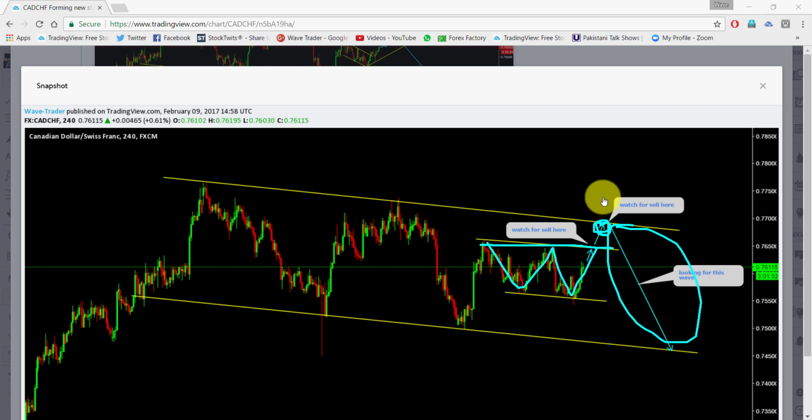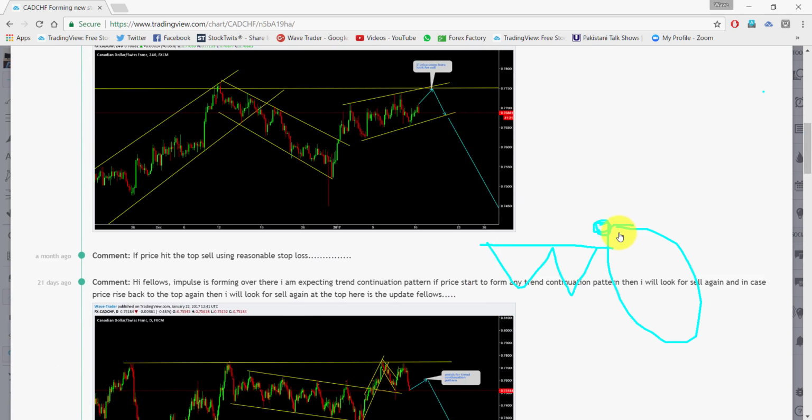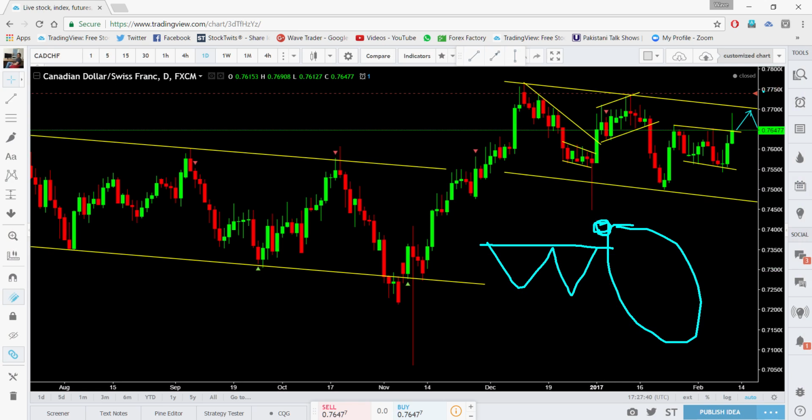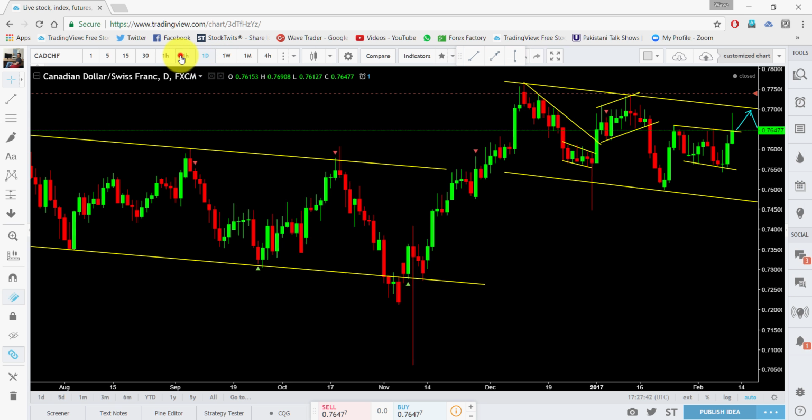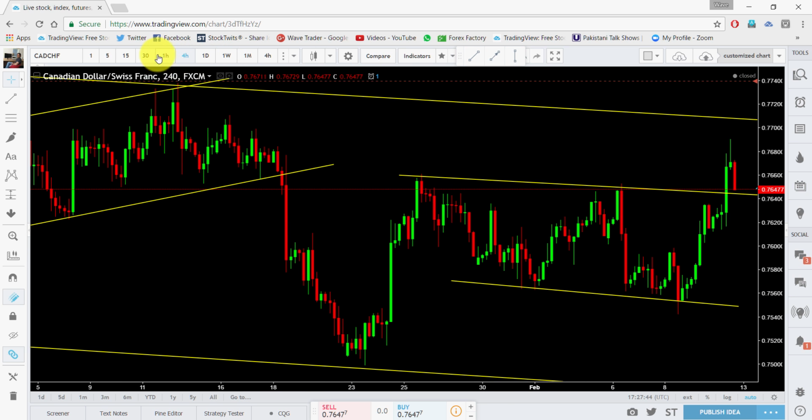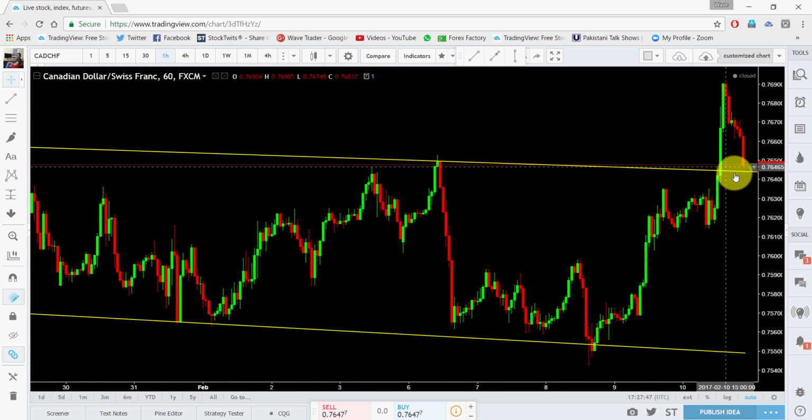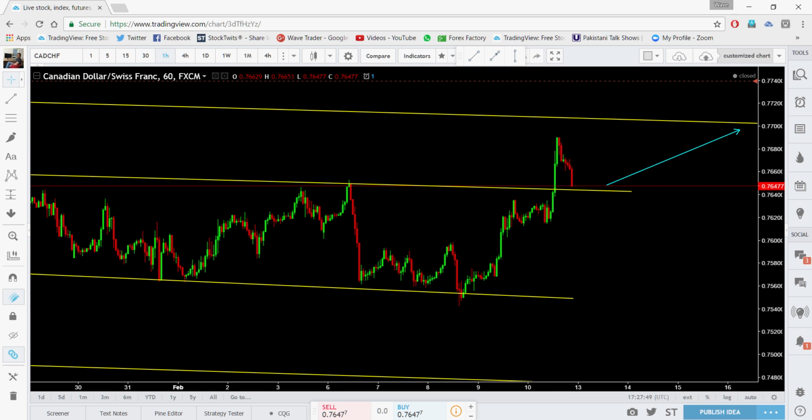We can see price is testing the top again. Price action is getting stronger already over there. If you look at the 1 hour time frame, price action is getting stronger, and we can see an impulse forming.